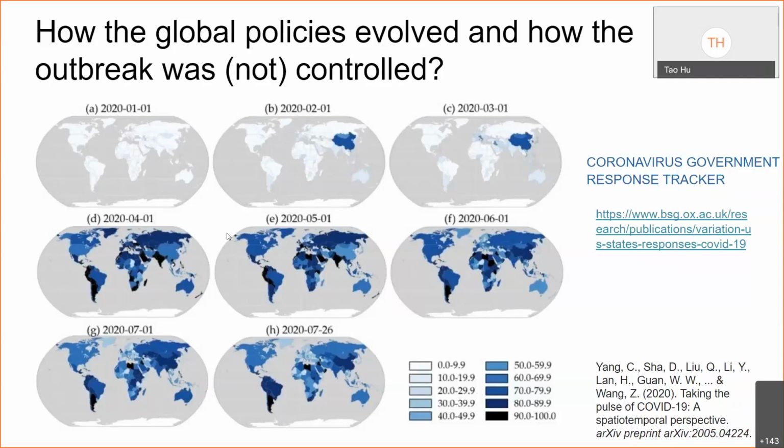You can see that before March, China has the largest stringency values because China was the first pandemic center. After April, since the disease had transmitted to many countries, these countries published policies to slow down the COVID-19 pandemic and outbreak. I want to mention the United States.